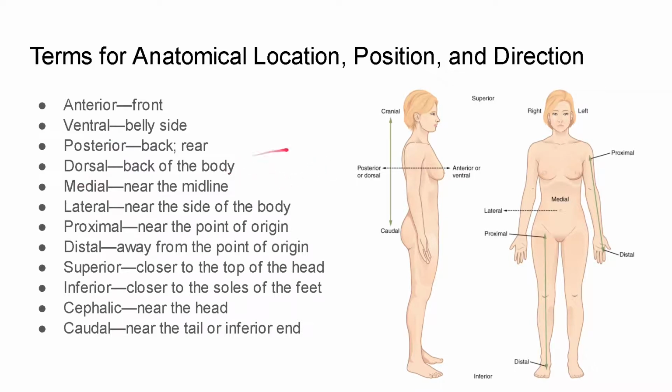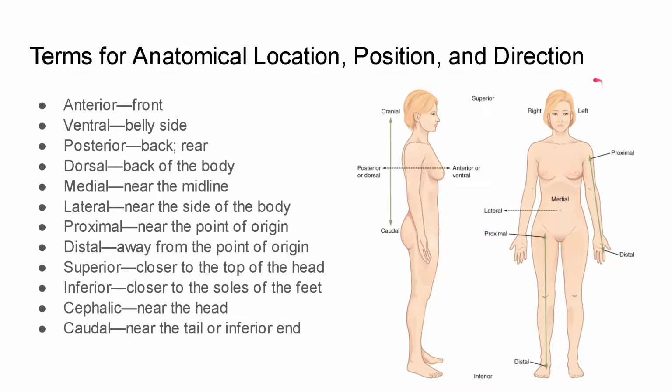If you think about a dolphin, the fin on the back of a dolphin is the dorsal fin. Medial is near the midline, lateral is near the side of the body, proximal is near the point of origin, and distal is away from the point of origin. Superior is closer to the top of the head, and inferior is closer to the soles of the feet. Cephalic or cranial is near the head, and caudal is near the tail or inferior end.